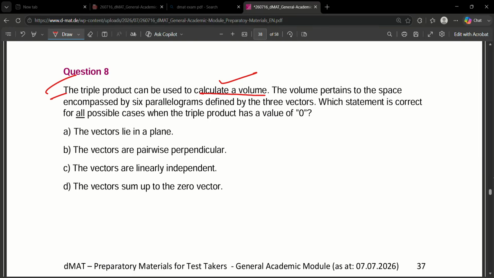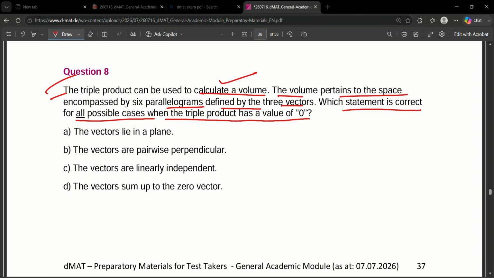Now move to question number 8. The triple product can be used to calculate a volume, and the cross product is used to find the area of the parallelogram, that you have already learned in question number 7. Now, the volume pertains to the space composed by the 6 parallelograms defined by 3 vectors. Which statement is correct for all possible cases when the triple product has the value 0?